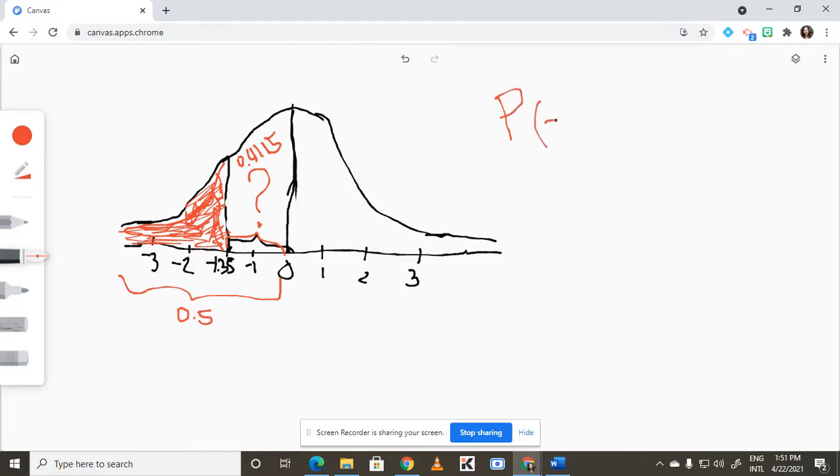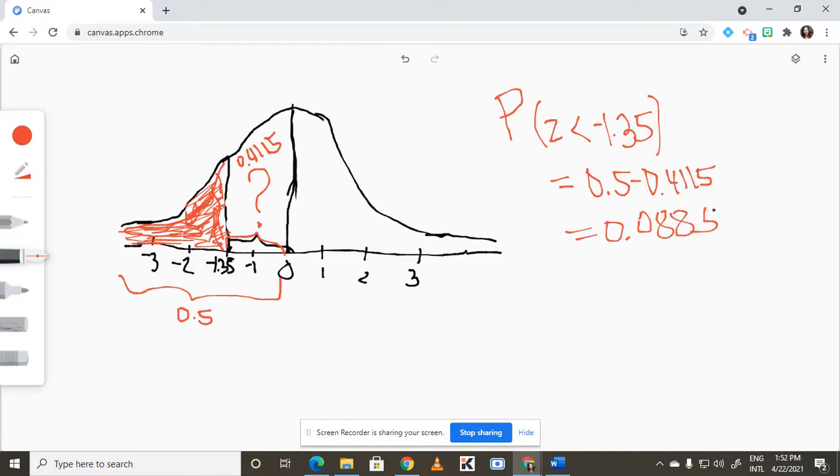Probability that z is less than negative 1.35 is equal to 0.5 minus 0.4115. And that is equal to 0.0885. So, ganun lang kasimple.